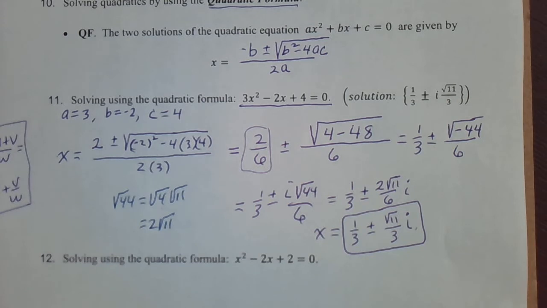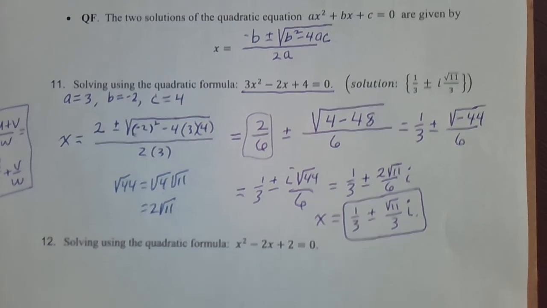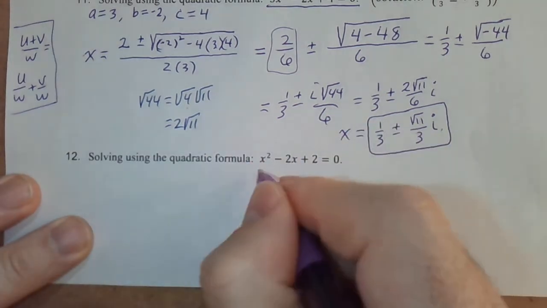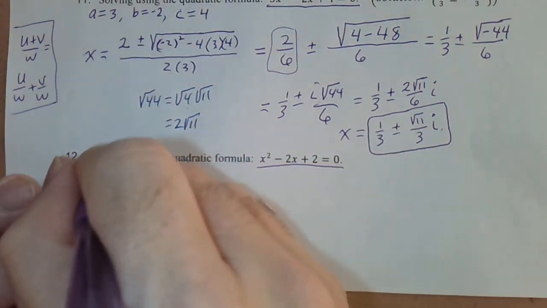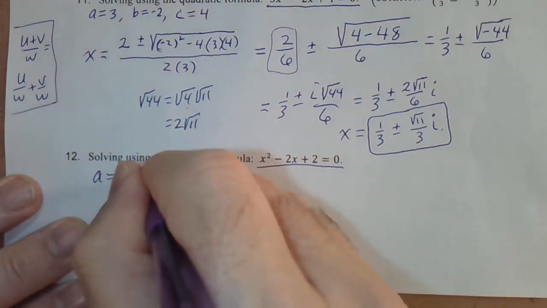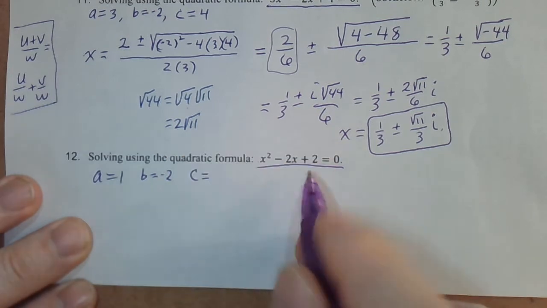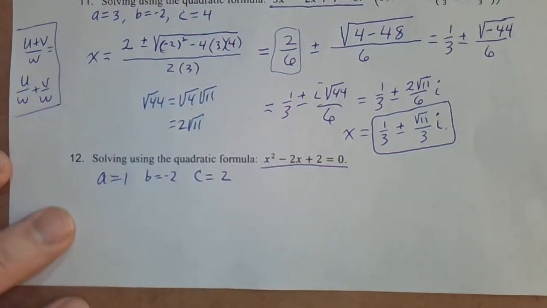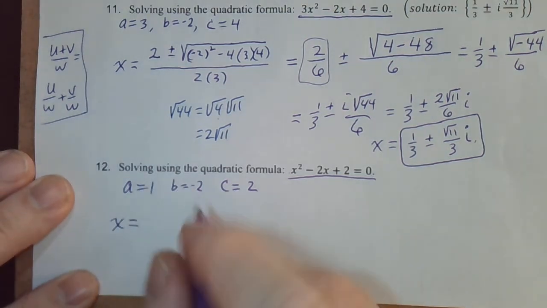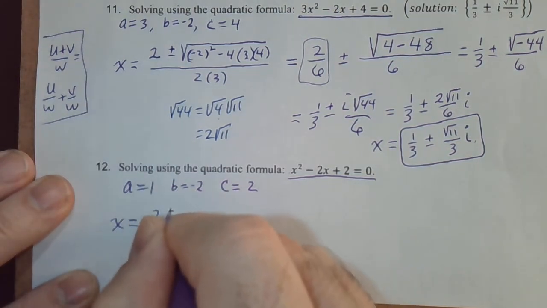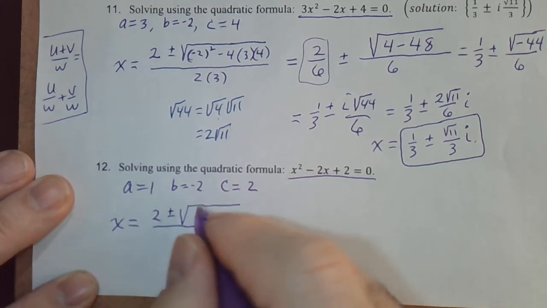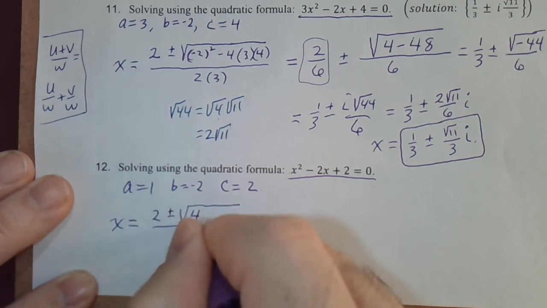Okay, one more and we're done with this section. Use the quadratic formula to solve this quadratic. In this case, we have a equal to 1, b is negative 2, c is equal to 2. That tells us that x is equal to negative b, which is 2, plus or minus a big radical. b squared would be 4.